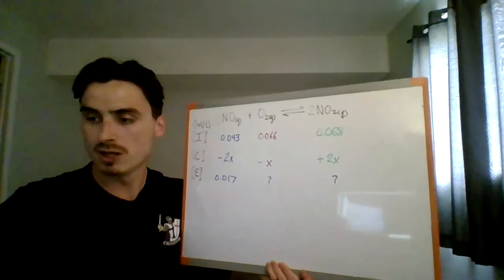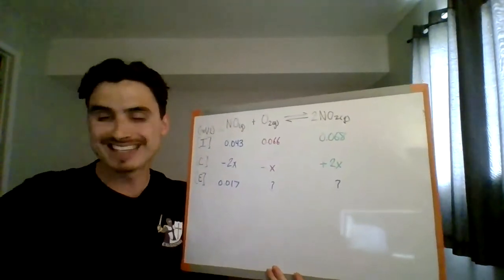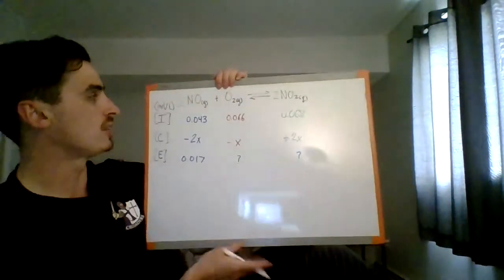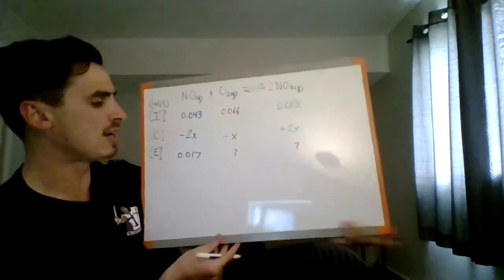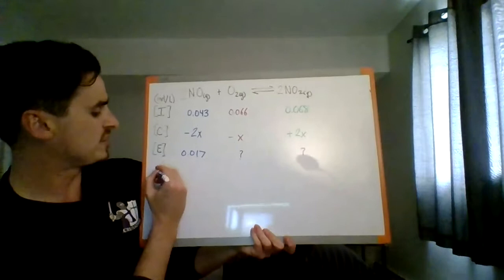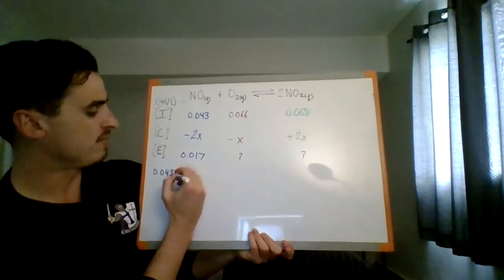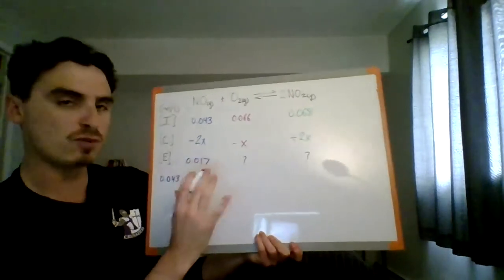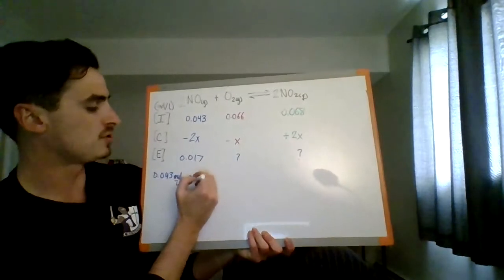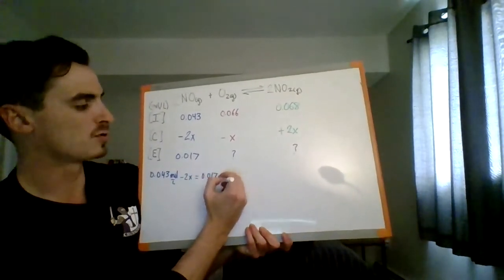So what I need to do now is solve for x. Again, we are going to look at the most complete column, which is nitrogen monoxide. I'm going to write my information out in an equation. So I'm going to say 0.043 moles per liter, you can leave out moles per liter here if you want, I like to write it, minus 2x equals 0.017 moles per liter.